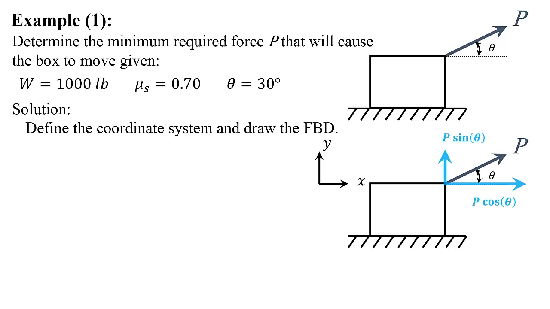First, I have to resolve this force into components. The horizontal component is P cosine theta, and the vertical component is P sine theta. I'm going to add W, the weight, and Fs, which is in the opposite direction of the movement or the potential movement. And at some location that I don't really care about right now, at the bottom, pointing upwards because it's a normal force.